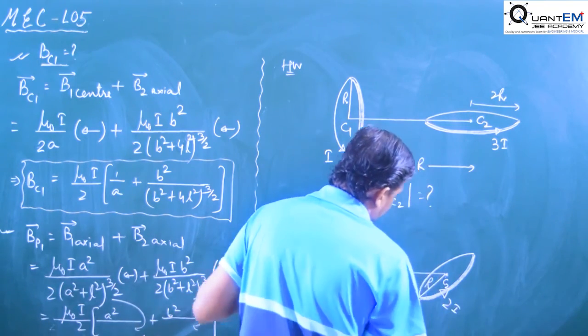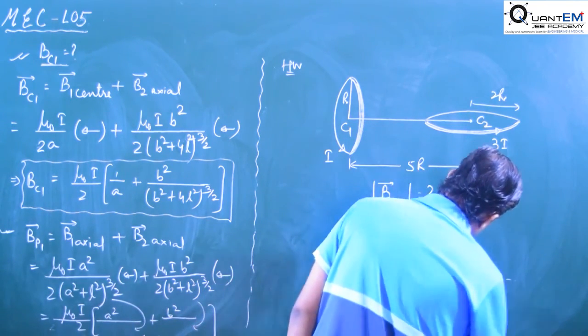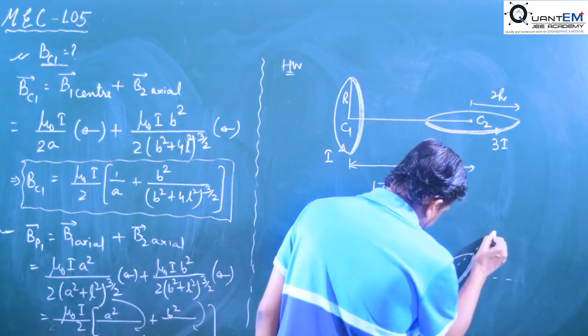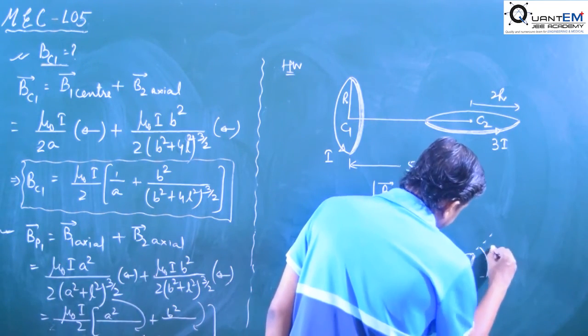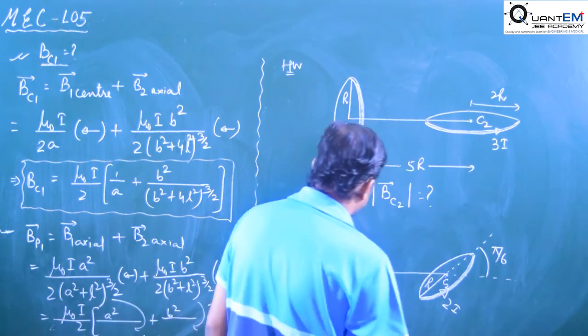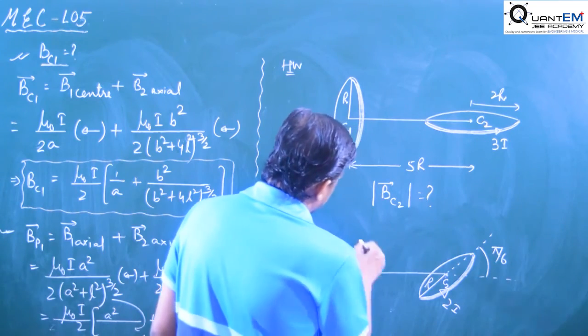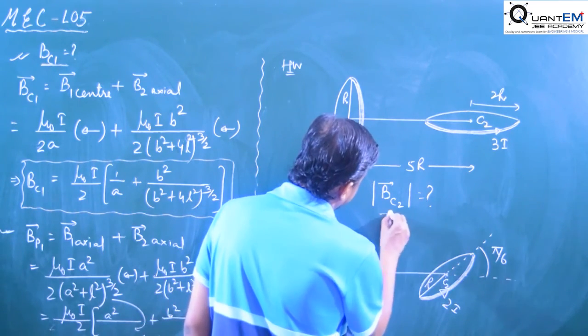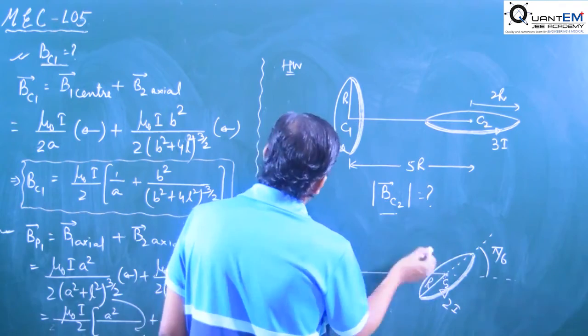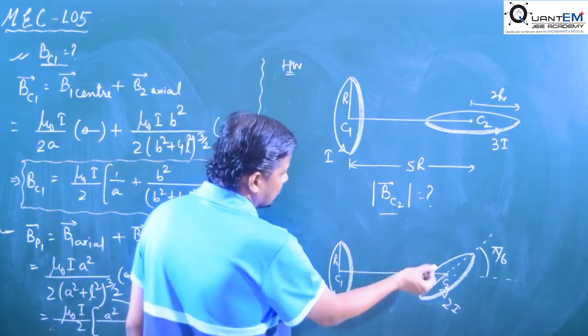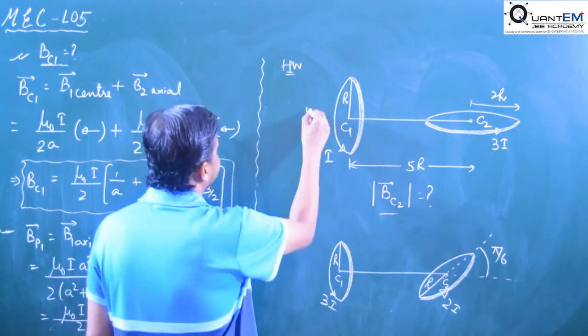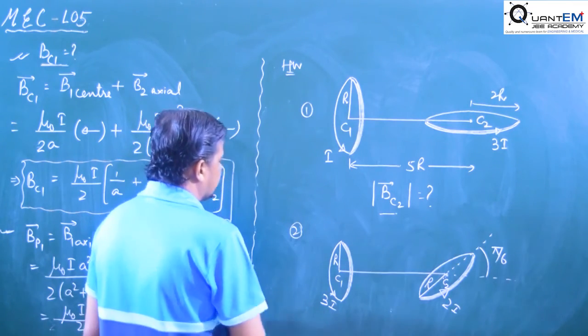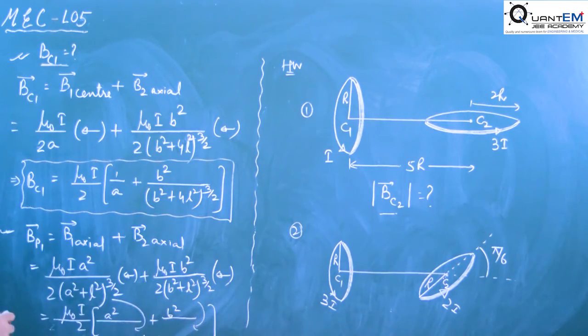It is center C2. This angle is given as pi by 6. Here also you have to find the magnetic field intensity at the center of the second ring. For both the questions you have to find the same result. It is question number 1 and this is question number 2. Okay.